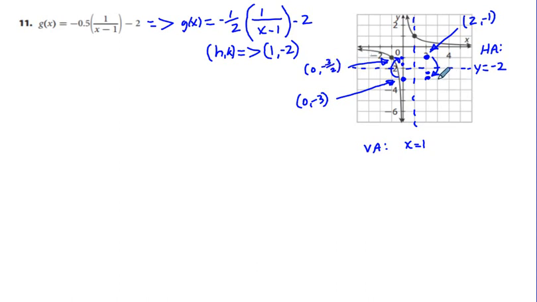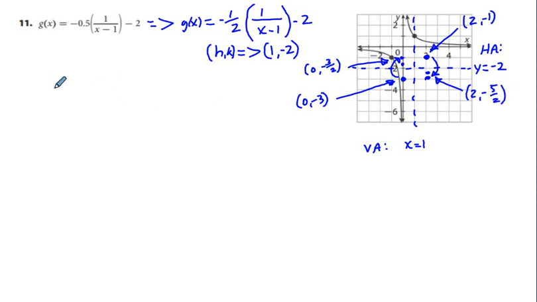And this other one here that I'm pointing to becomes 2, comma, -2.5, or -5/2.